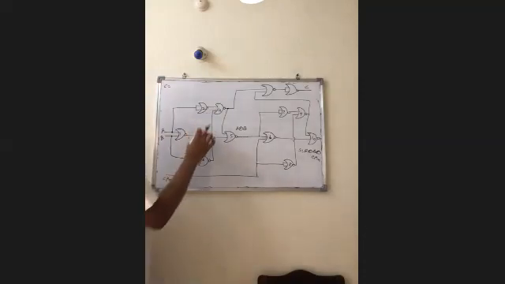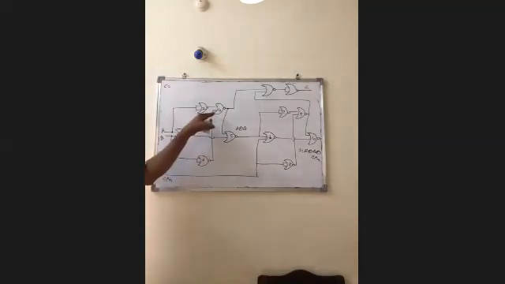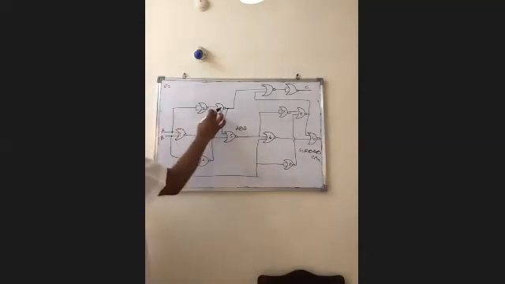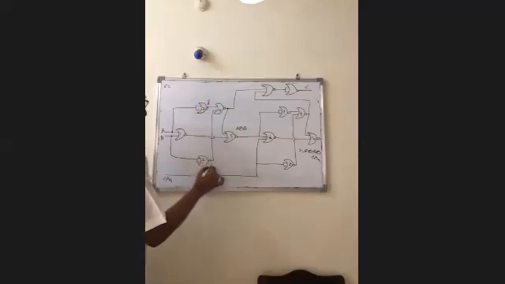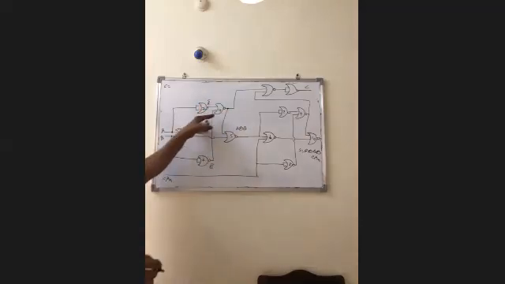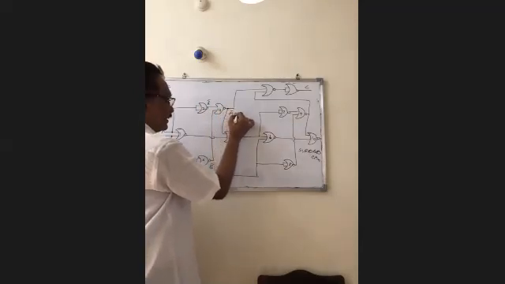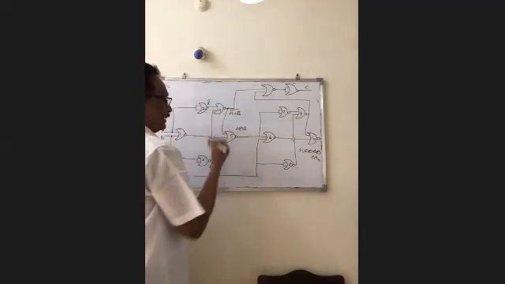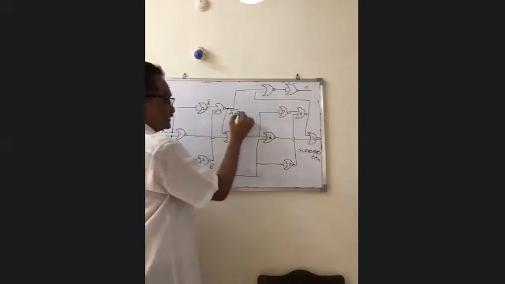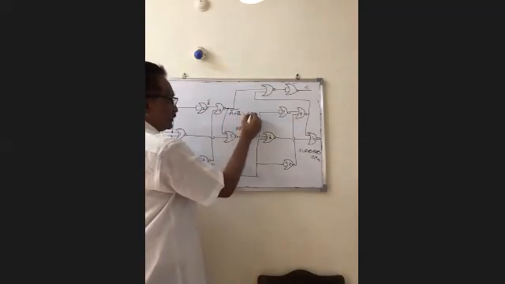So what is the NOR gate 4 output? This is A bar and this is B bar, and NOR gate 4 output is equal to A bar plus B bar whole bar, that is equal to AB.